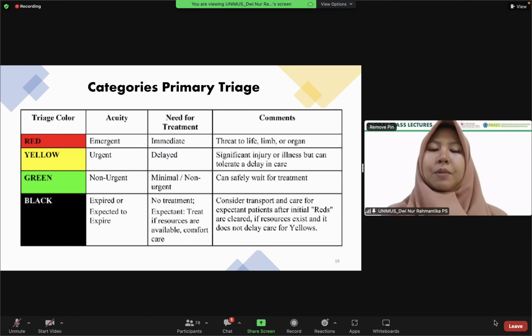For the primary triage, the point is that we sort the patient based on their condition. We use color to classify patients by condition: red means emergency, yellow urgent, green not urgent, and black expired.